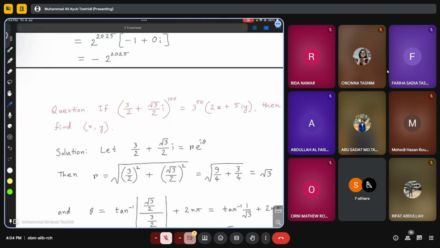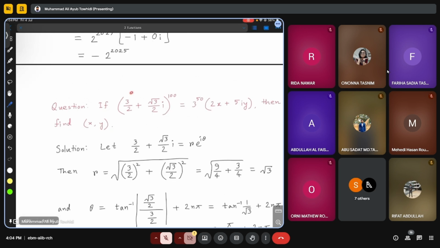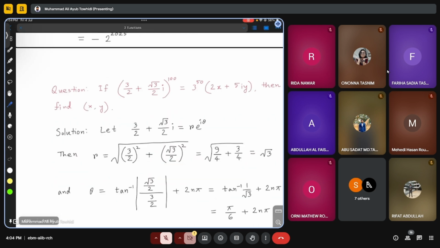So we have to find the modulus and argument. Okay, good. So yes, you have to convert this into a polar form. You have to find the modulus and argument. So 3 by 2 plus root 3 by 2 i. Which quadrant is it in? It's in the first quadrant, right?